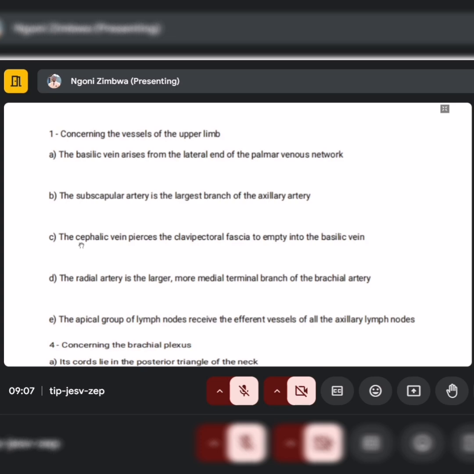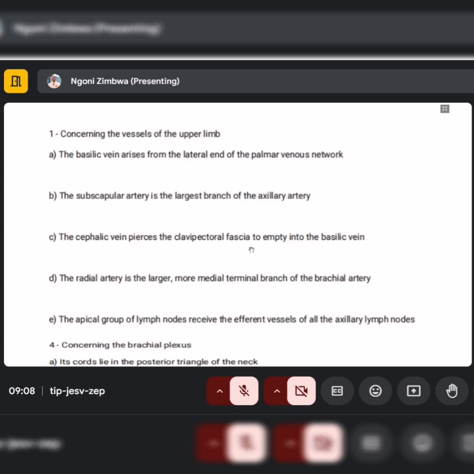C, the cephalic vein pierces the clavipectoral fascia to empty into the basilic vein. What do you think? Yes, that is false. Why? They said basilic vein. Basilic vein, no. So let me just take you through the course of the cephalic vein. The cephalic vein is a continuation of the lateral dorsal venous arc. From the lateral venous arc, it enters the anatomical snuff box, being a content of the anatomical snuff box.